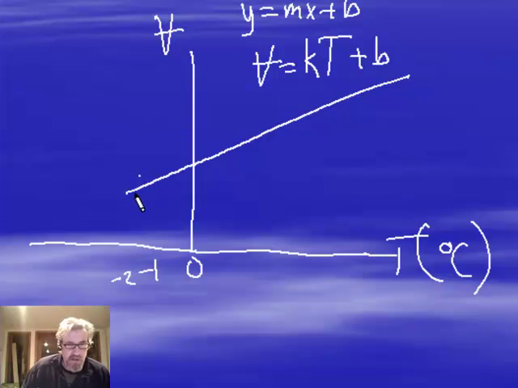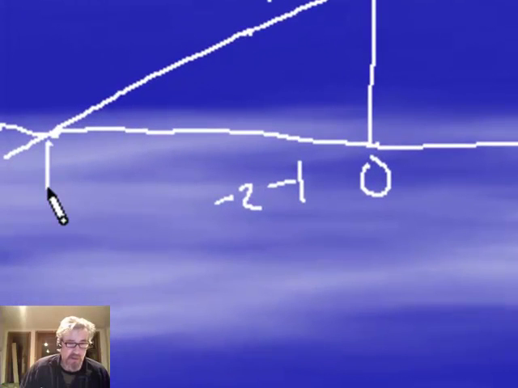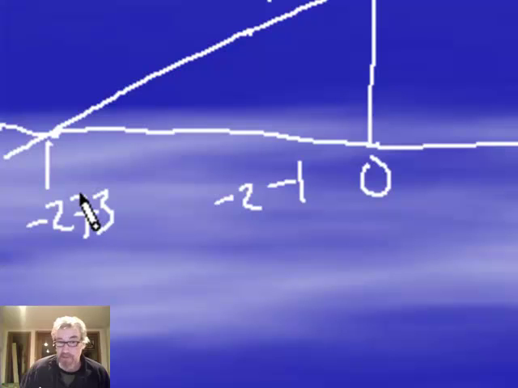So what scientists have done is they've estimated what's the lowest possible temperature you can get by extending the straight line that you get out farther until it crosses the temperature axis. And what they found out is at about 273 below 0 Celsius, you get the coldest possible temperature that there could possibly be.